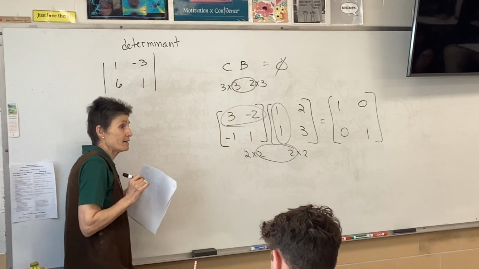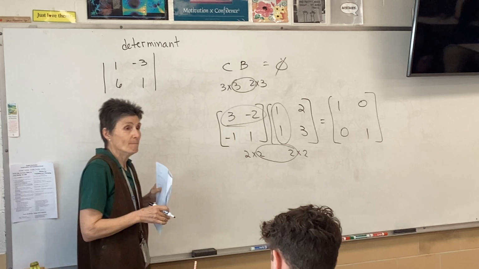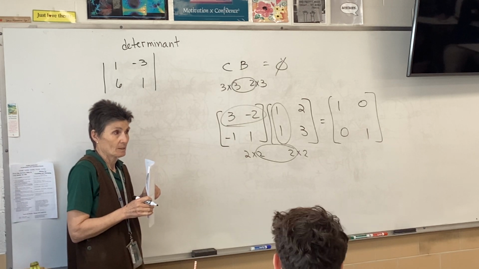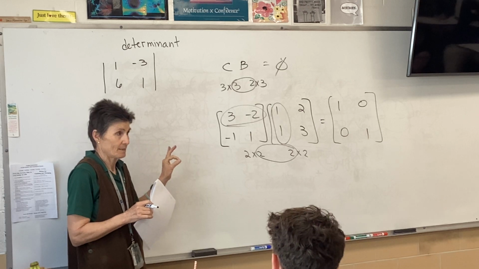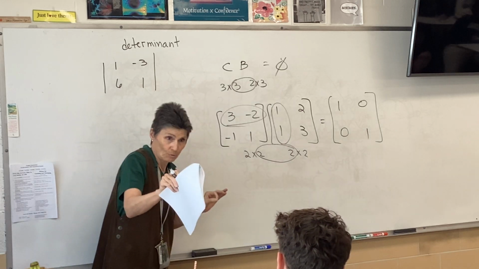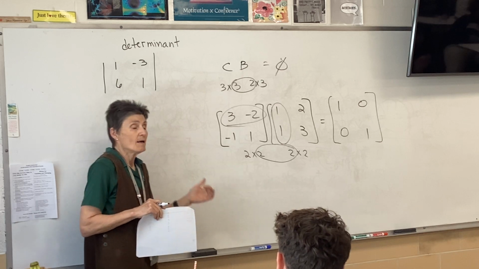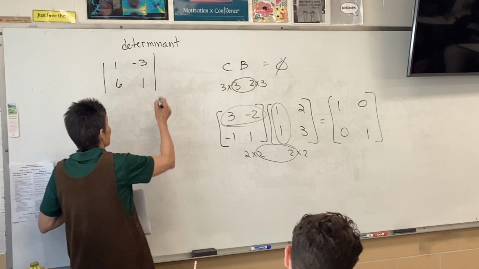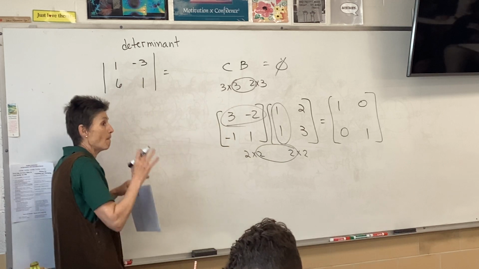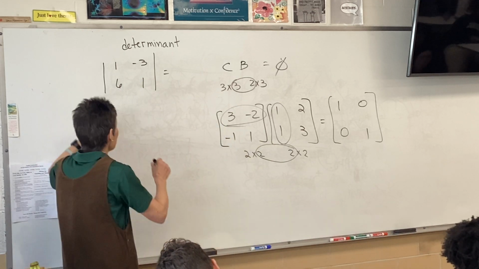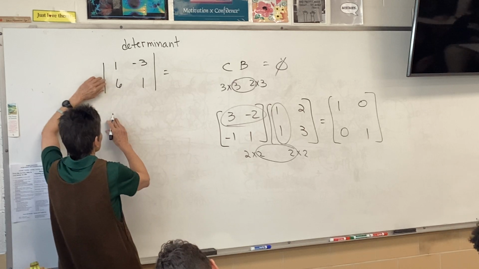Do not get determinant mixed up with discriminant. What's a discriminant? What's under the radical in the quadratic formula, b squared minus 4ac. A determinant is a single number.